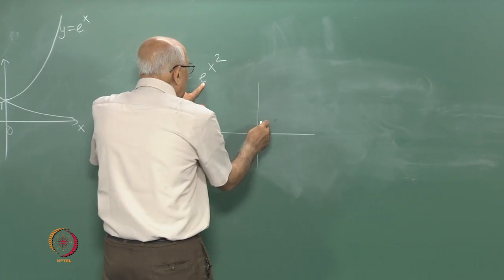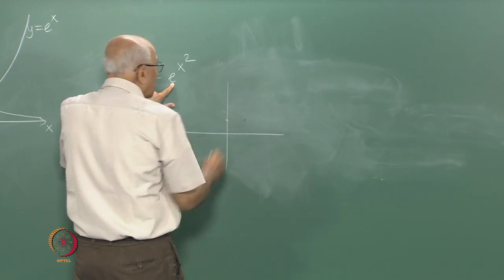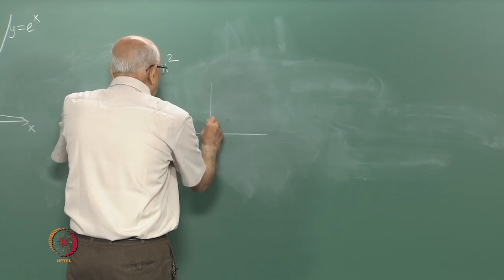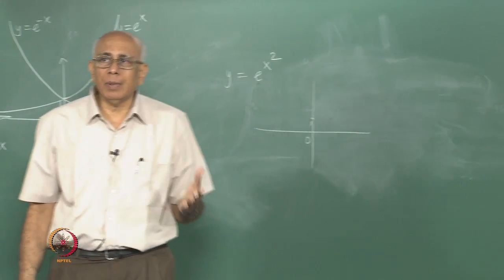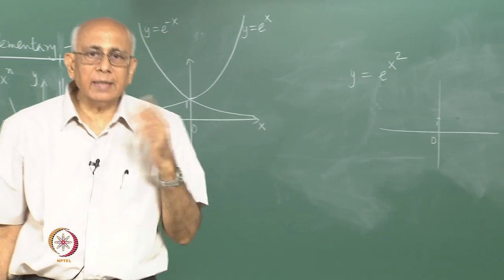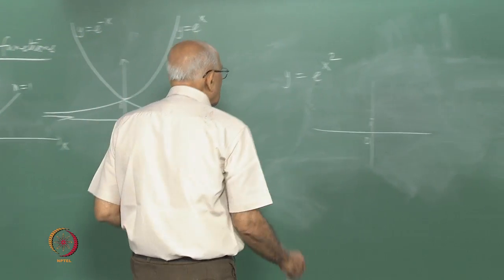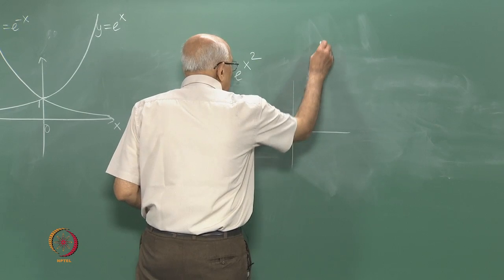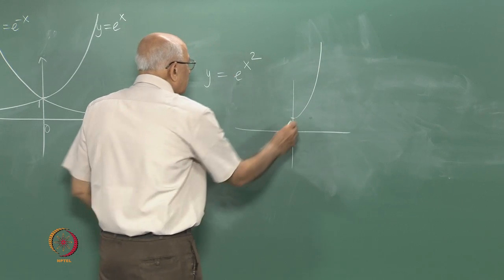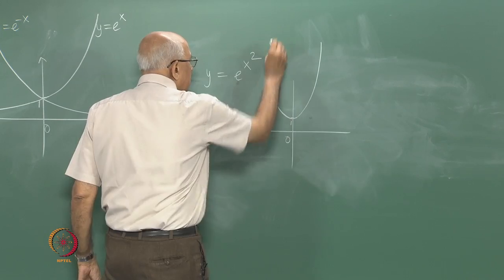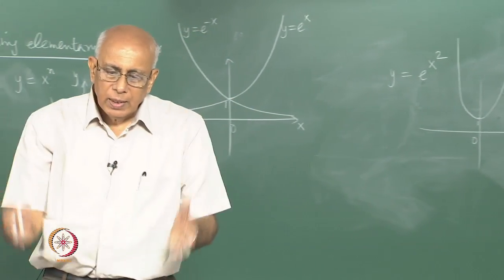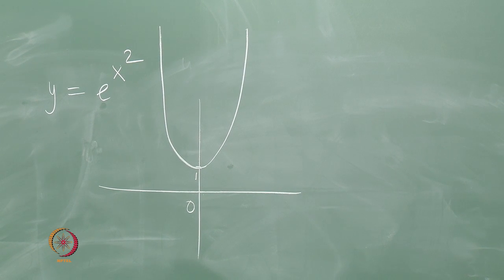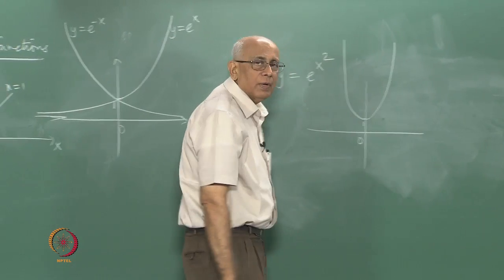E to the x squared starts, at x equal to 0, at the value 1, since e to the 0 is 1, and increases faster than exponentially, because x squared goes to infinity faster than x itself does. So e to the x squared goes to infinity even faster. It goes off in this fashion, but because it is an even function, it is steep in this direction too. It is not a parabola, it is just a function which looks like a bowl and is symmetric about x going to minus x, and it goes off to infinity on both sides.